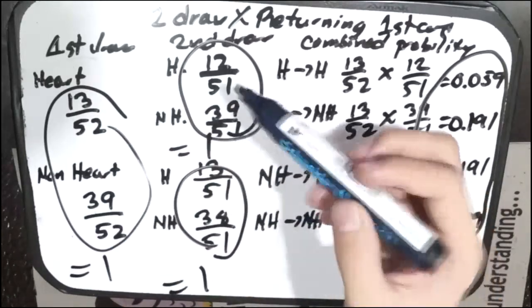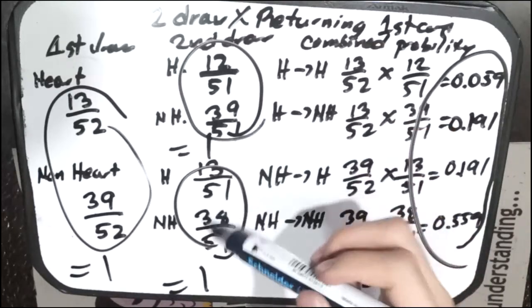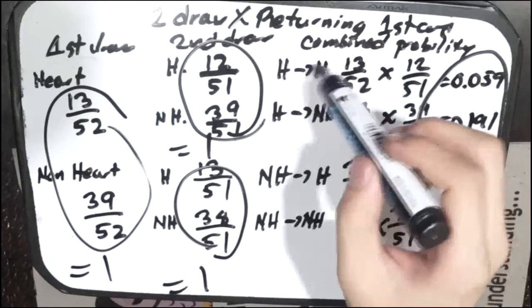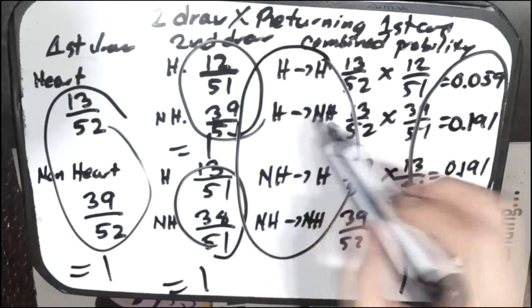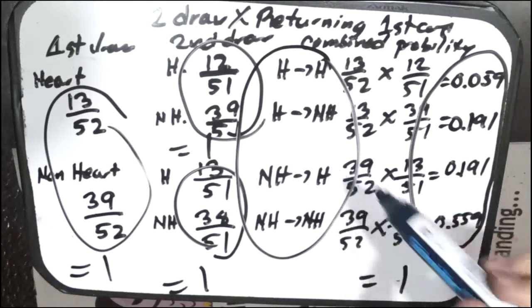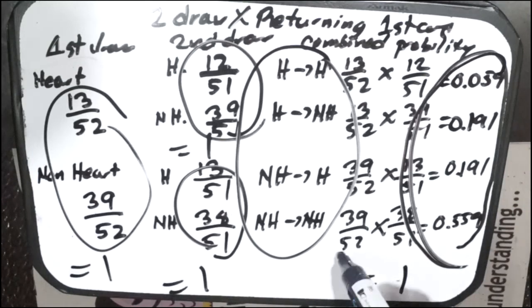And for your second draw, these are the two probabilities of drawing a heart and a non-heart. Same here. And for the combined probabilities, these are the only probability combinations you can achieve. So all of their probabilities combined would give you 1.